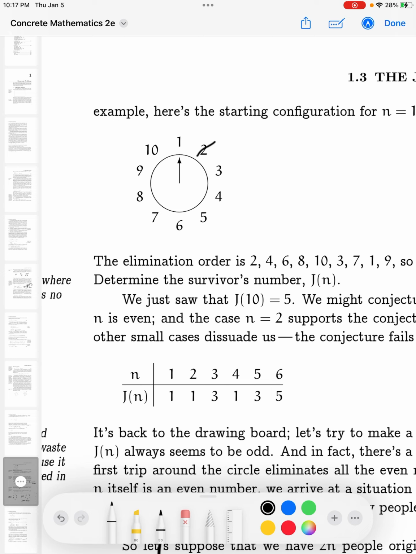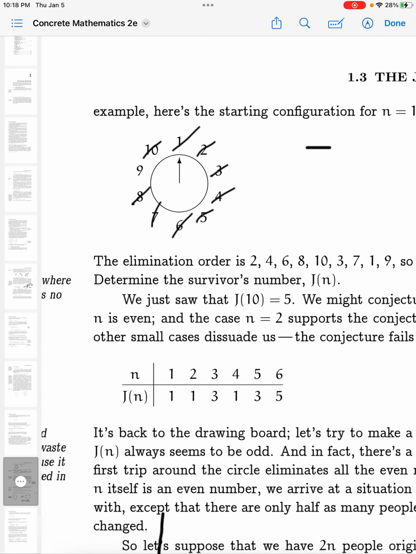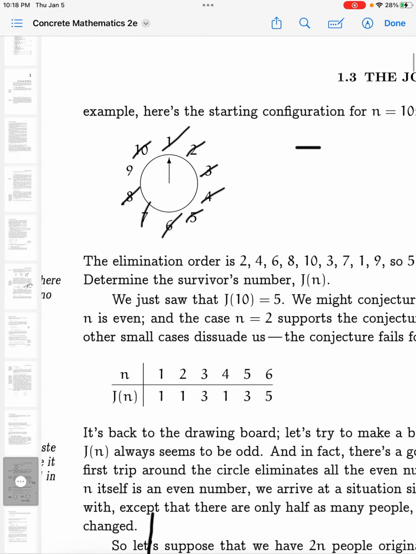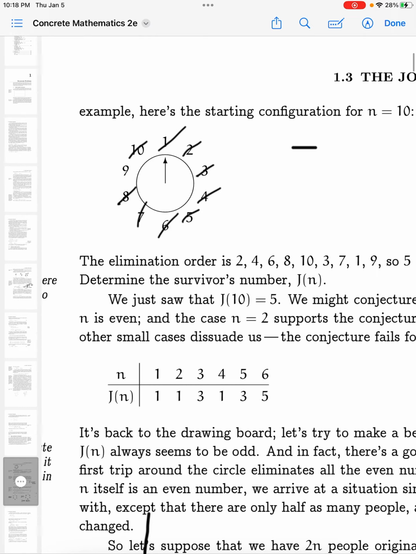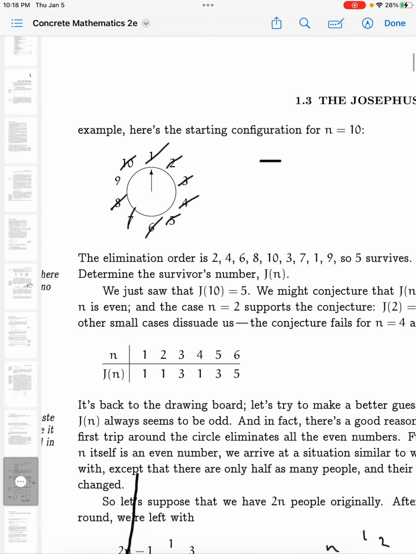Next is 4, 6, 8, 10. Then second to 1 is 3, second to 5 is 7, second to 9 is 1. So the remaining person is 9.